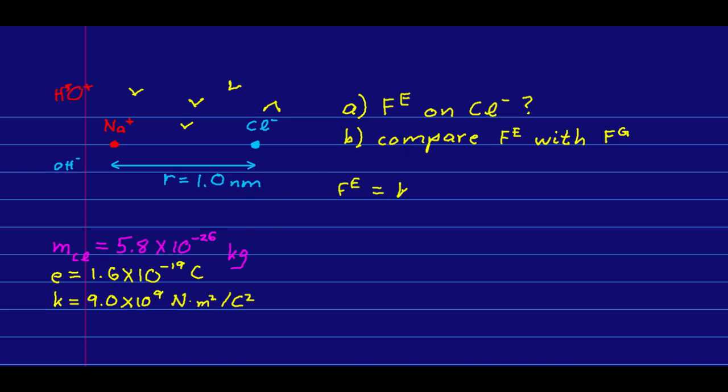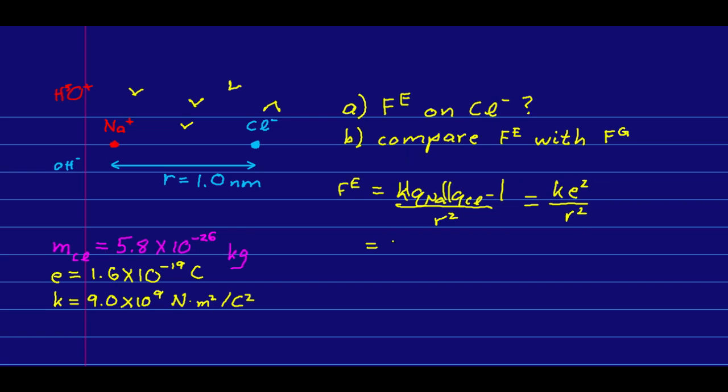And so we can use Coulomb's law to find that electrical force. And note those absolute values. So I do not have to worry about the fact that this chloride ion is negatively charged. I simply have a Q sodium, which is e, and a Q chloride, absolute value, which is also e. And so that's all I have.